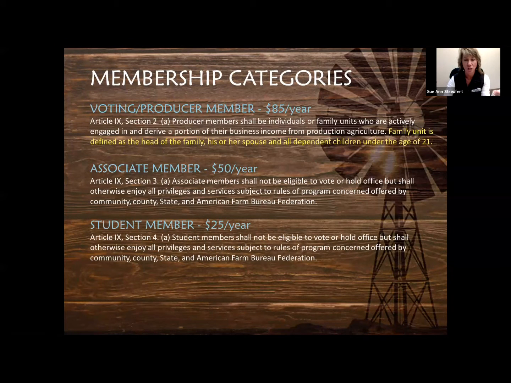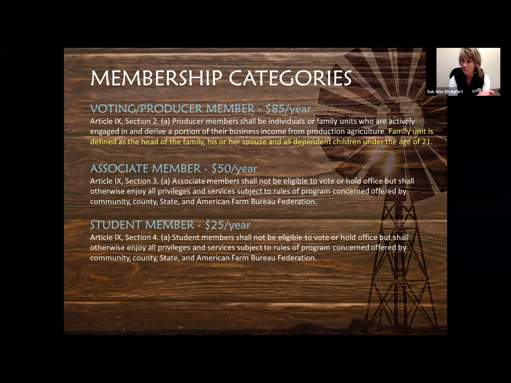A student member, which is new this last year and was clarified this year, is new from our bylaws. Student members also cannot vote or hold office. Students are anybody who is college aged and wants to receive all the benefits.